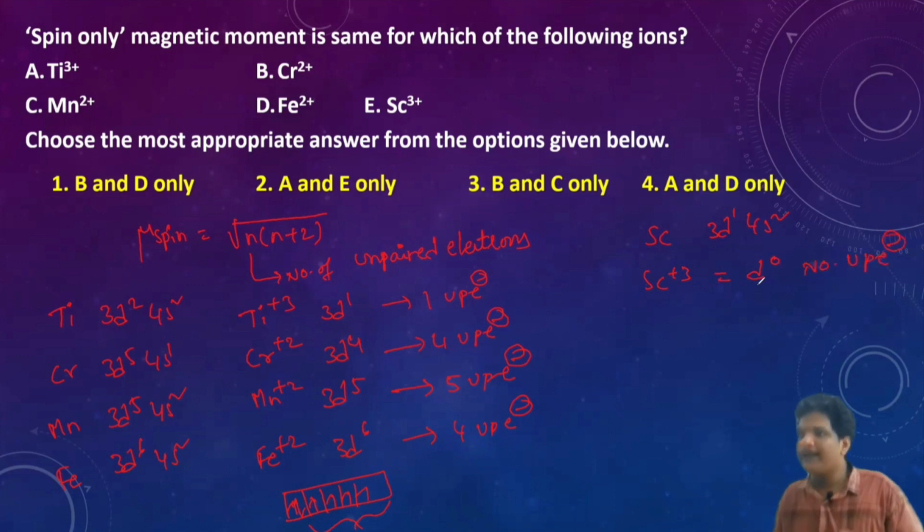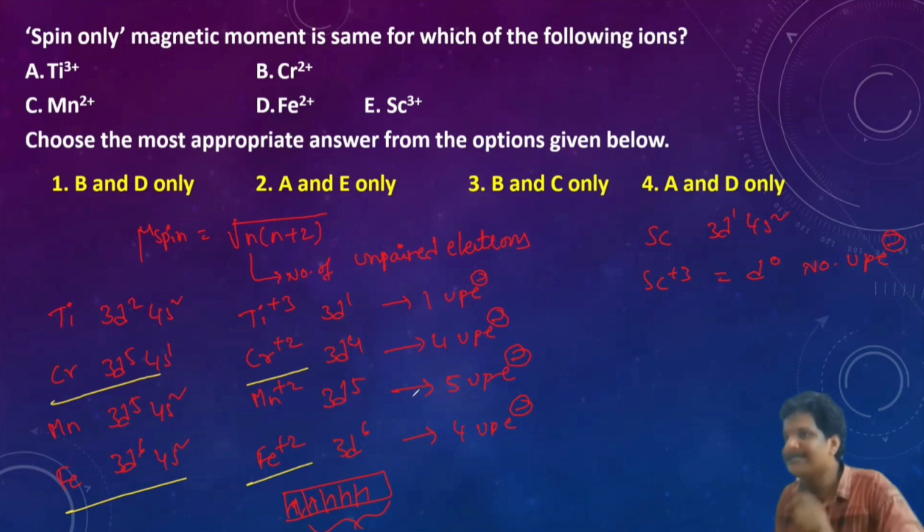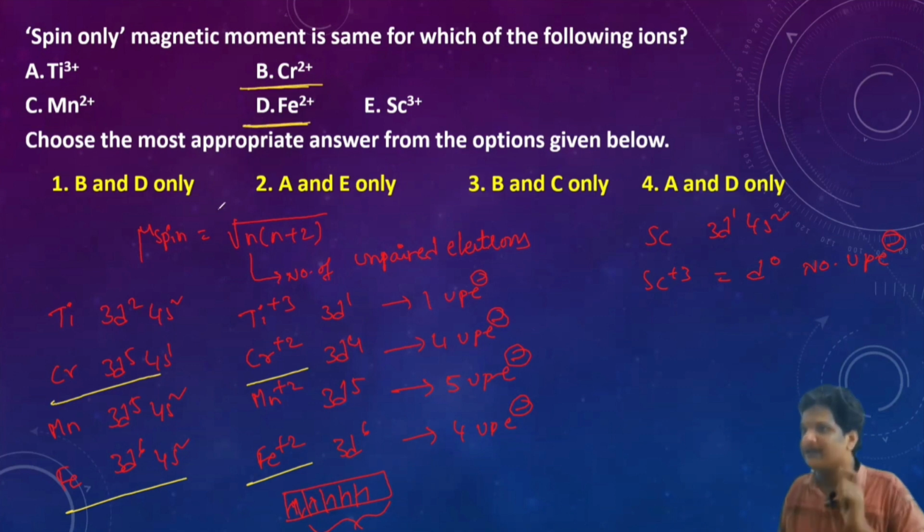So chromium +2 and iron +2 have the same number of unpaired electrons, so they exhibit the same spin-only magnetic moment. So option A, that is B and D only, is the correct option.